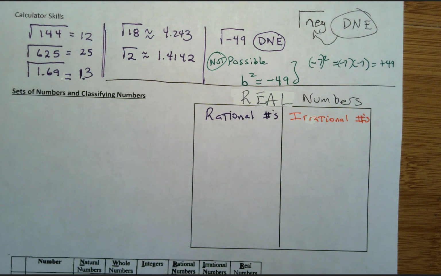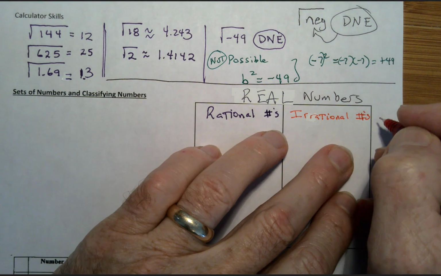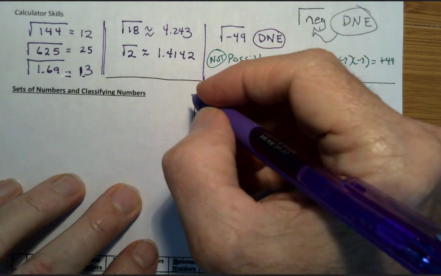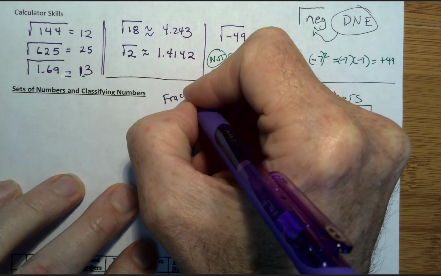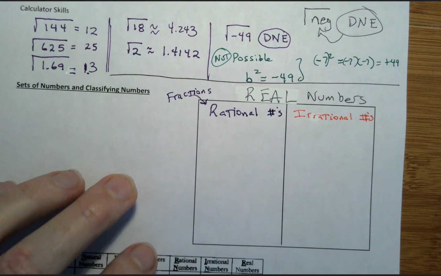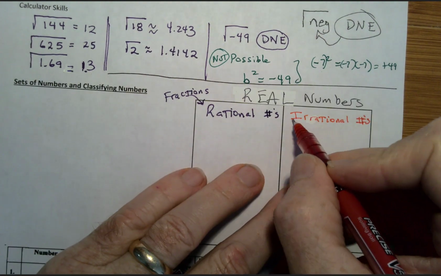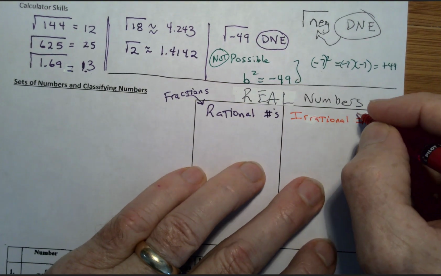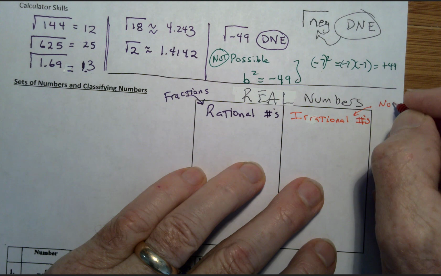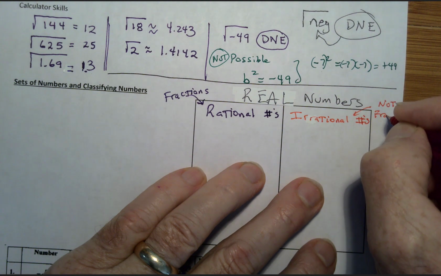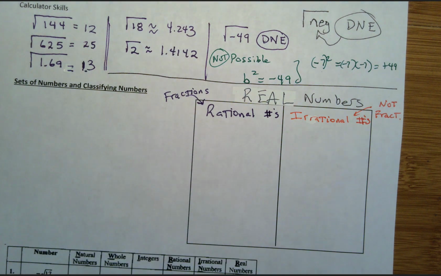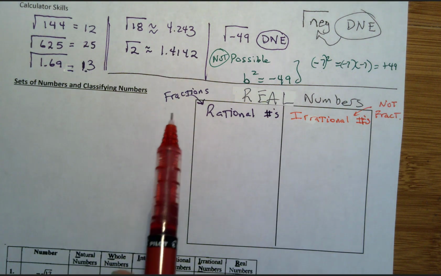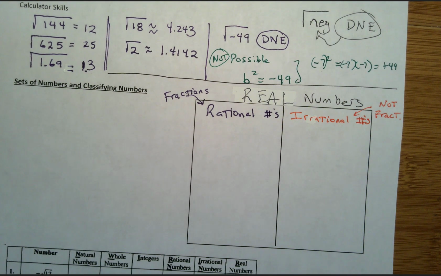Now, what's the difference between these two groups? Rational numbers are just fractions. Irrational numbers, ir just means not. So this group, they're not fractions. There's a bunch of numbers out there that we cannot make into fractions, and a bunch of numbers out there that we can make into fractions.